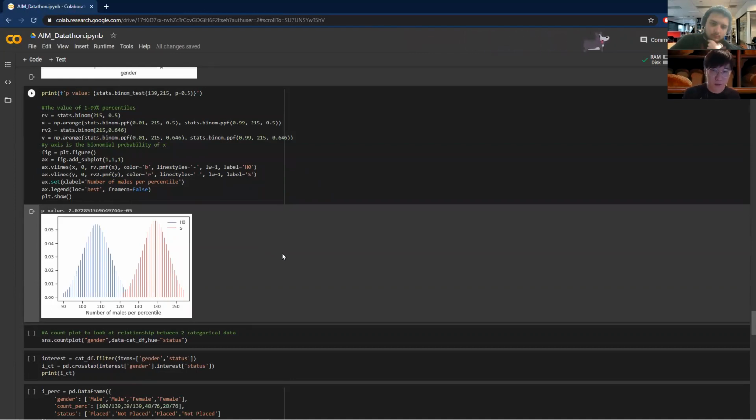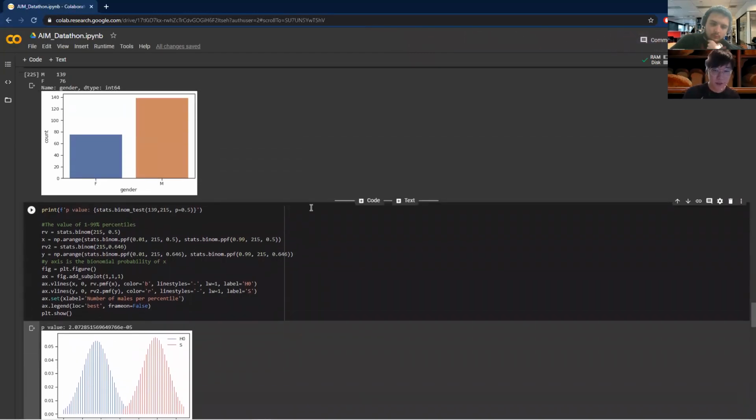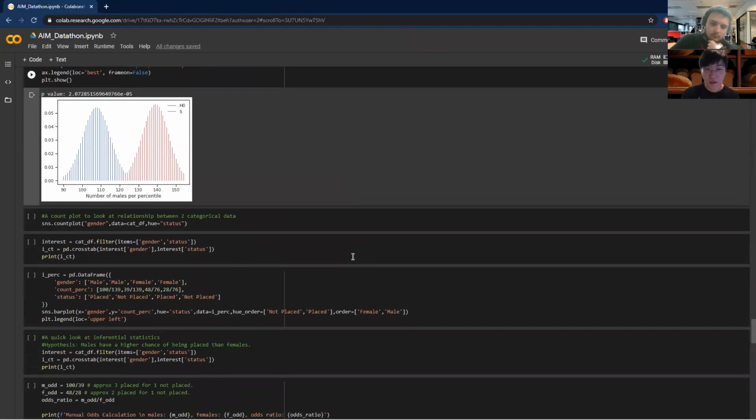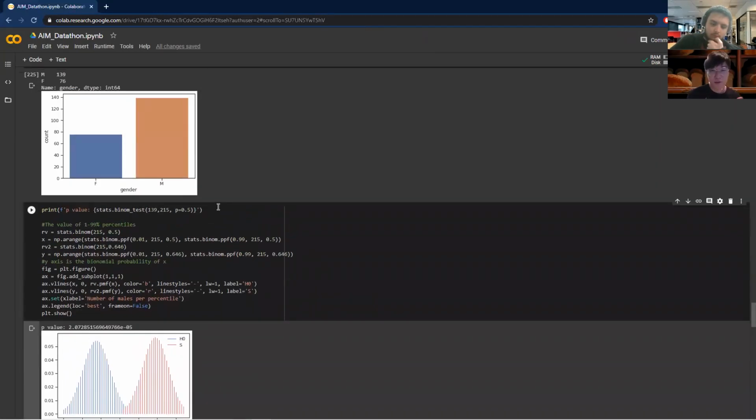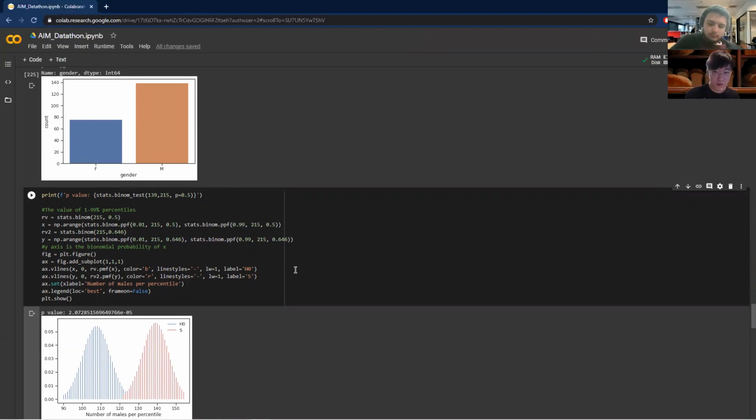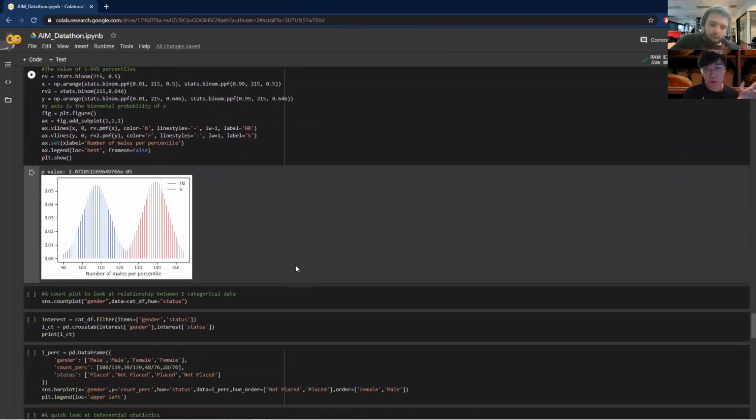So there is probably some underlying reason why there are more males than females in this data set. We don't really know what that is, but we now know that it's not by chance. And in this case it's quite obvious, but in some other cases it might not be. That's why you do this kind of thing, to figure out if that difference is real or not.